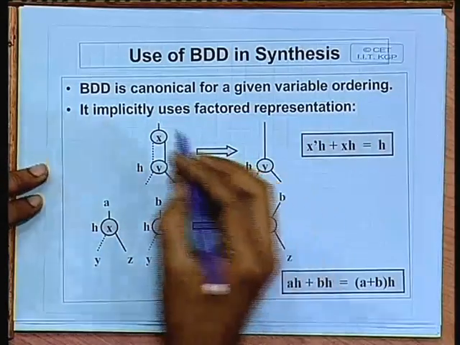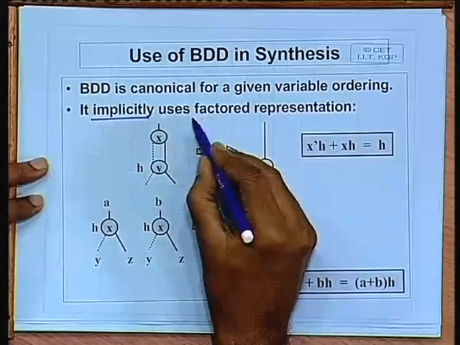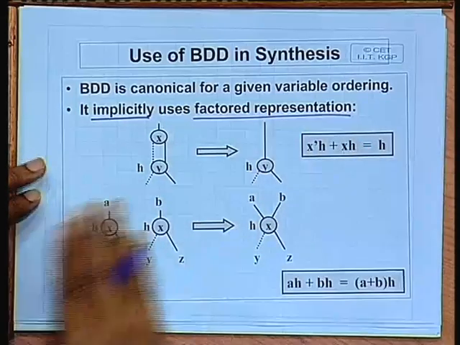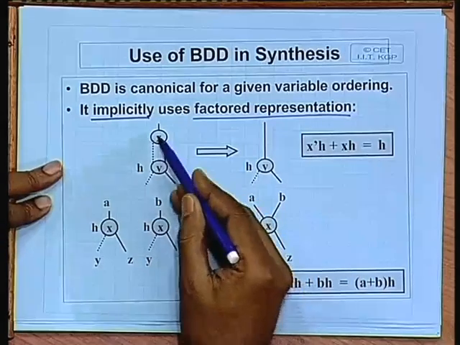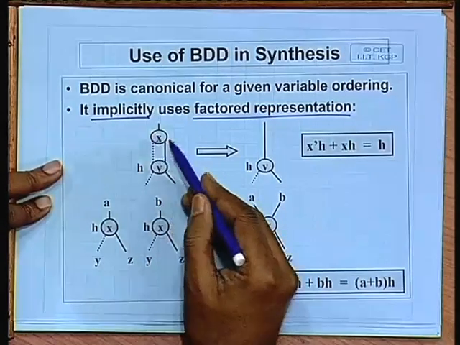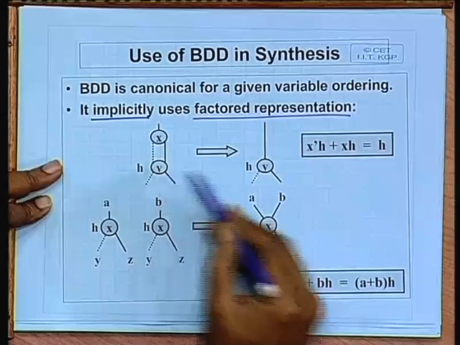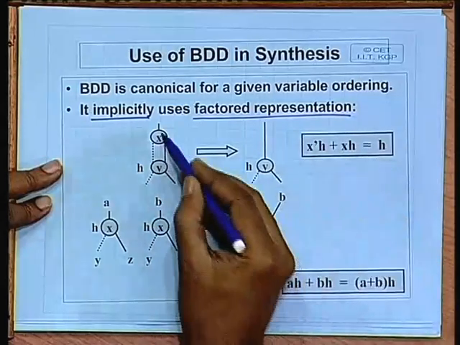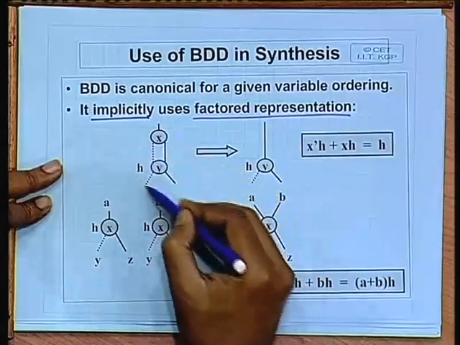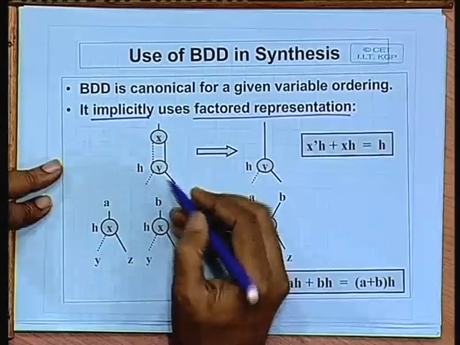But one thing you just observe, the BDD somehow implicitly uses a factored representation. The transformations that we are carrying out are implicitly doing that. Like whenever we are eliminating a node like x, when it was leading to the same node at the next level. So, in terms of the Boolean expression, the left side was indicating that if x is false come here, if x is true come here.